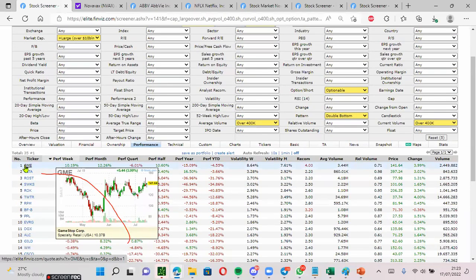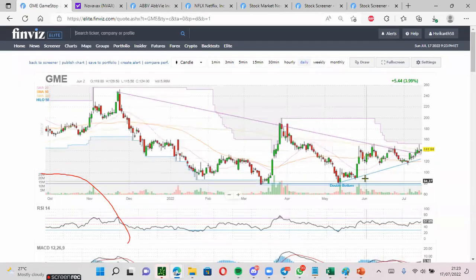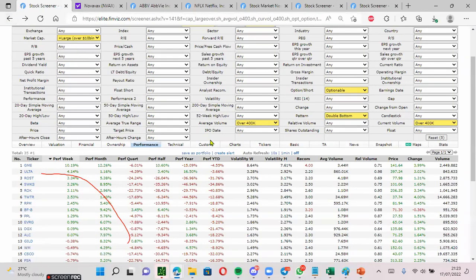Yes, that means it's bullish. So you see here, GameStop also, right? One bottom, another bottom, another bottom. If it can break out this level, then I expect it to break out. So these charts are already there in the Finviz, they are already drawn.